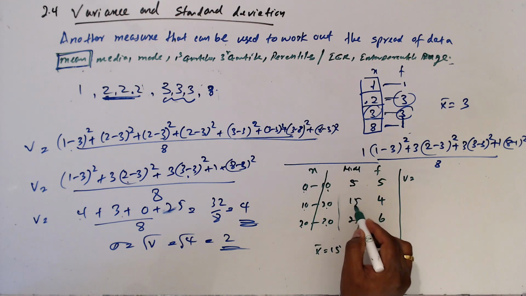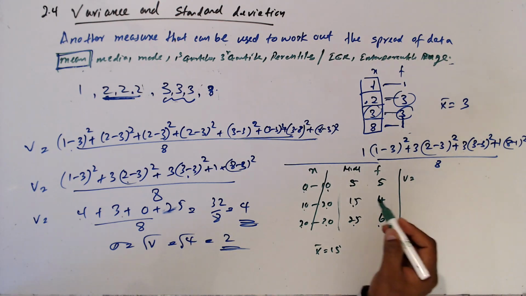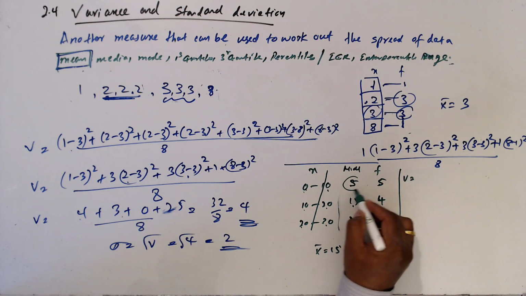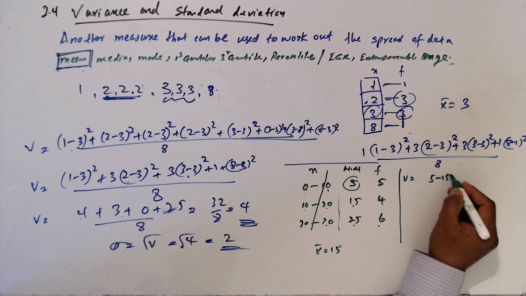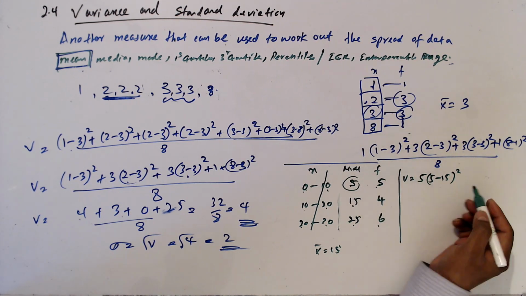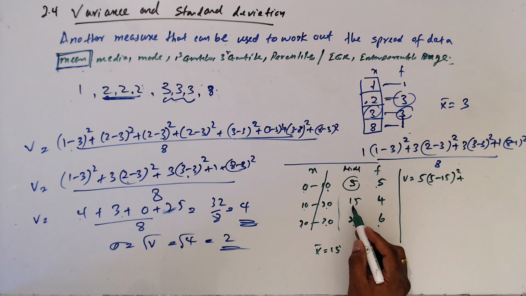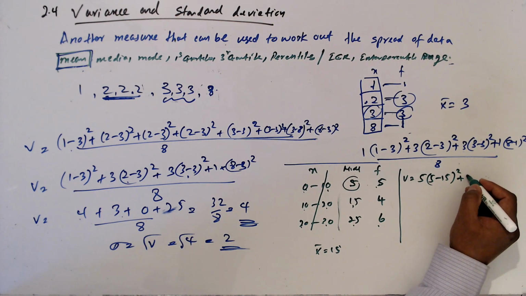Now we have 5, 15, 25 with frequencies 5, 4, 6. Then how do we do it? This value 5 is away from 15, x bar, square, how many? 5, plus the second one. We don't need to write 15 minus 15, but okay, I'll write 0.